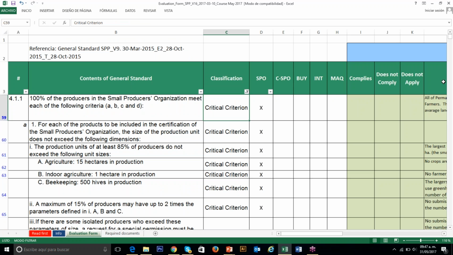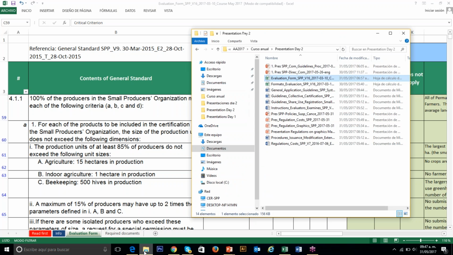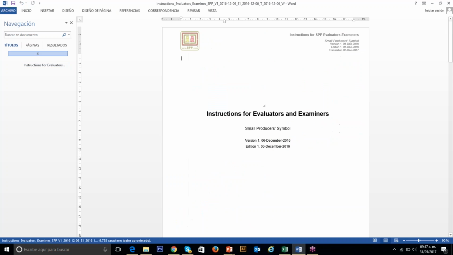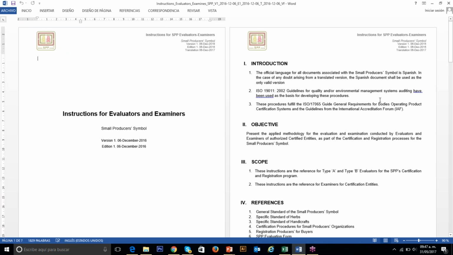For the document-based procedure, critical criteria. For the complete procedure, critical, minimum, and continuous improvement. Something important: I don't know if it would be the evaluator or another person in the certification entity who sends this form to the applicants.